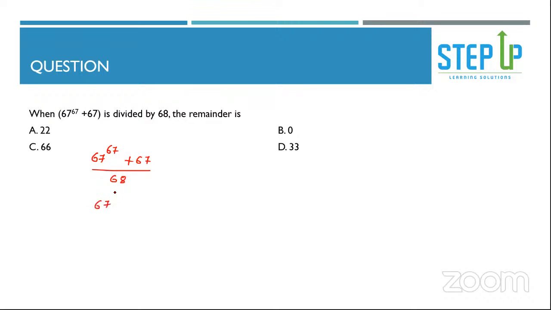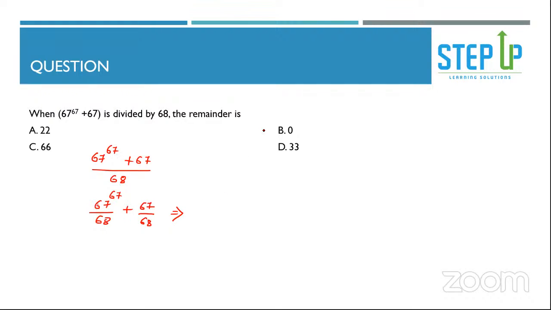Now, 67 to the power 67 plus 67 divided by 68. So I can write it as 67 to the power 67 by 68 plus 67 by 68. Now, 67 when divided by 68. You know it is a very near number, 67, 68.